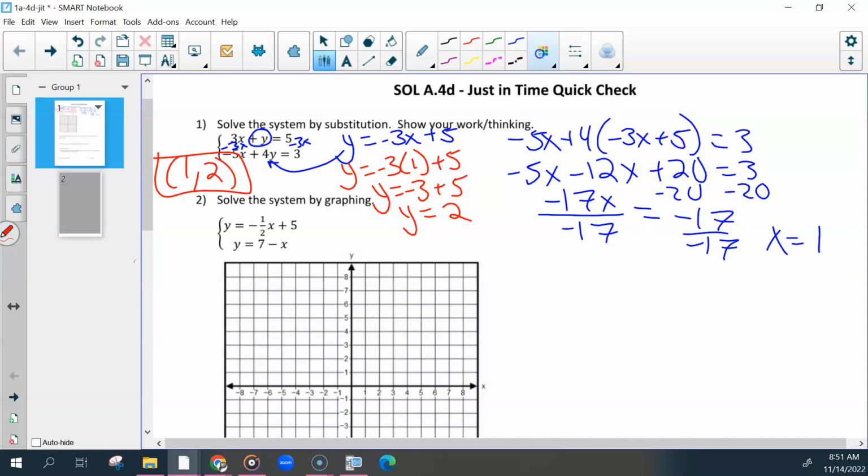Did we have any questions on that one? Remember, as you're practicing, you can pull up Desmos, put these in there, see, does your solution match? If not, something's wrong.